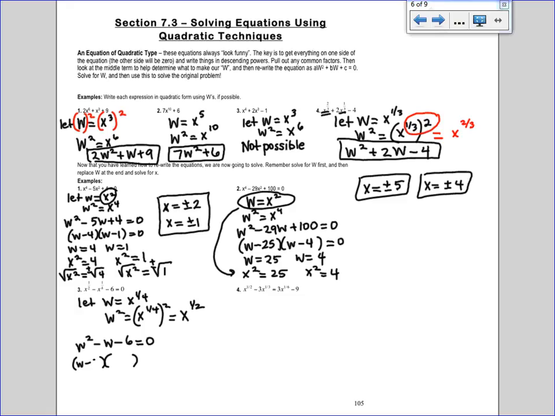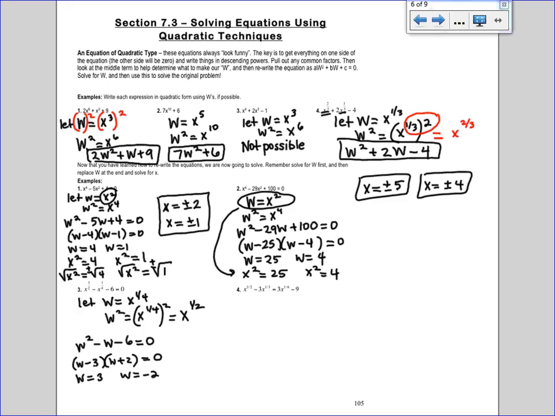It factors into w minus 3 times w plus 2. Notice my last terms multiply to be the negative 6. My outer and inner terms combine to be the negative w. Okay. When I set each piece equal to 0 and solve, I get w equals 3, and I get w equals negative 2.